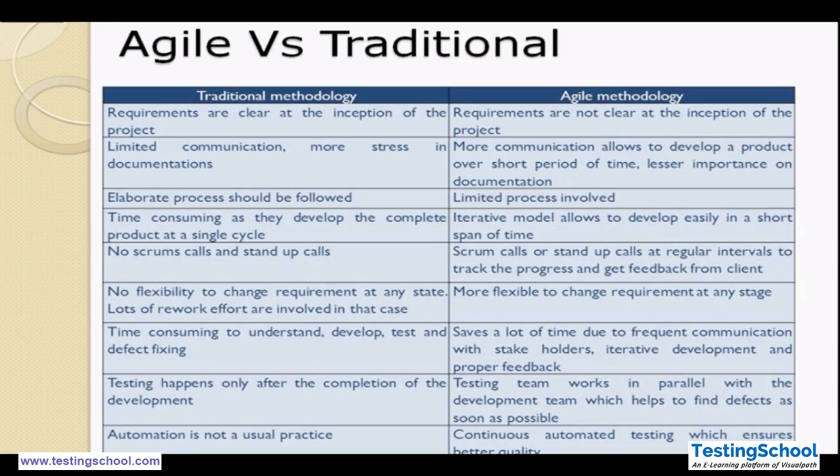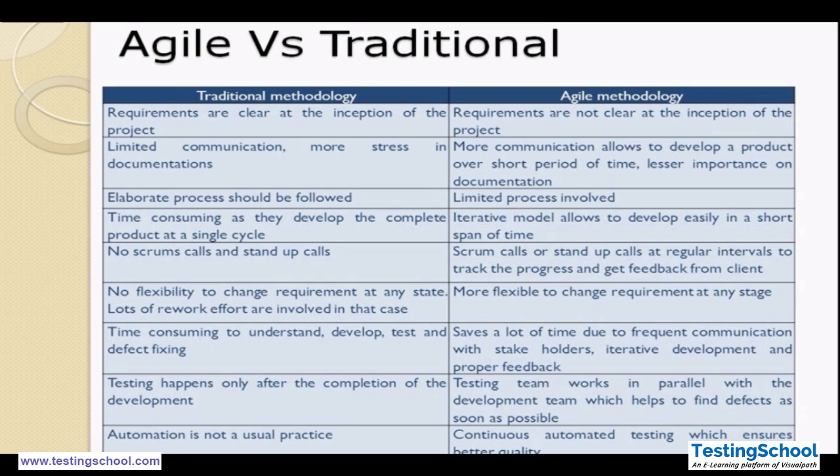But in the agile model, requirements are not clear, because when you start working, there might be some changes in the requirement. So you don't have any clear vision about the requirement. It is decided at runtime, when you start working on the sprint or on that particular requirement.